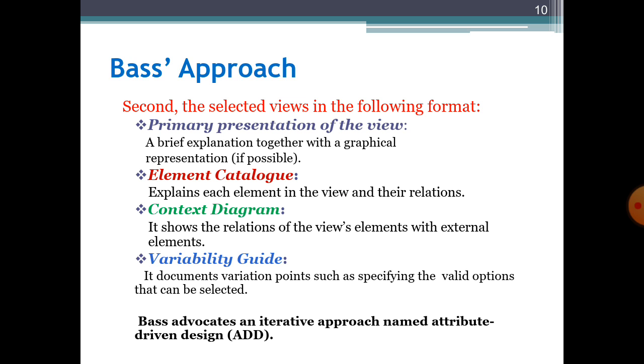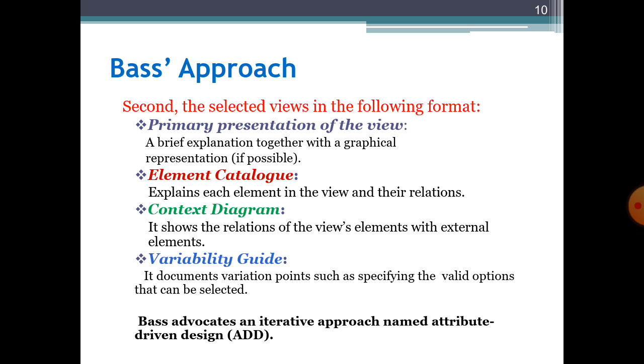And then the context diagram, which shows the relation of the view's elements with their external elements as well. And this context diagram we have also studied in our UML based lectures, lecture number 5, 6, and 7, where we saw a context diagram in real world banking system examples.